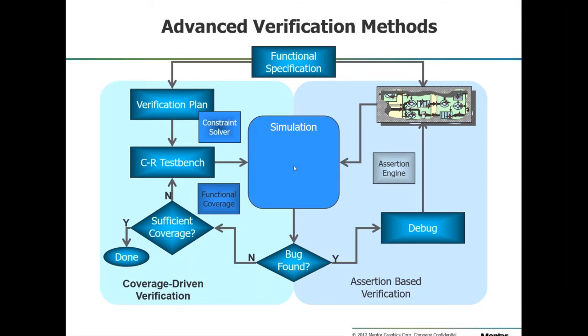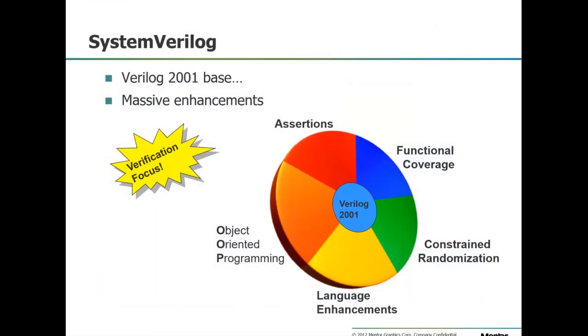So in the mid 2000s, that's where SystemVerilog really became the tool of choice. Basically, they took this Verilog base and added some language enhancements for synthesizability, like enumerated types, interfaces, and a few other things. But then they also added SystemVerilog assertions to do assertion-based verification, object-oriented coding, which was kind of the C++-like object-oriented coding, and constrained randomization.